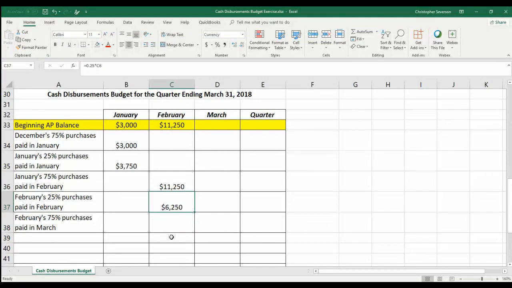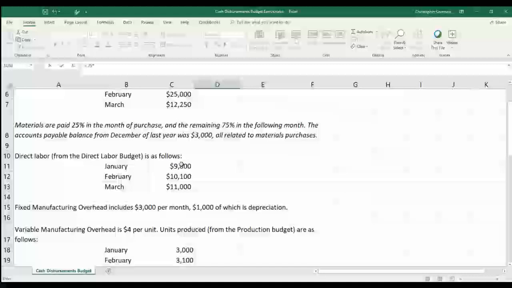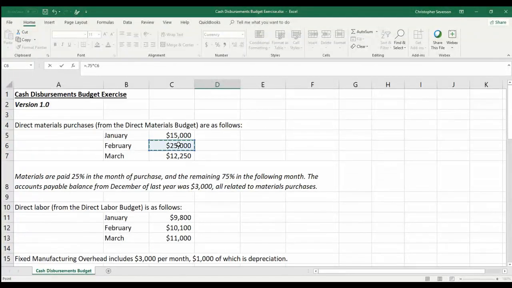Now, the 75% of March's purchases, I'm sorry, 75% of February's purchases paid in March is going to be 75% of this amount.